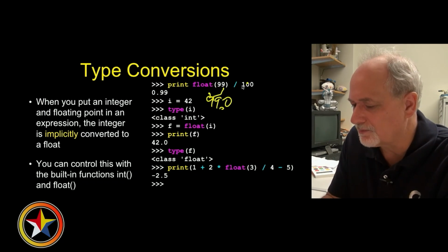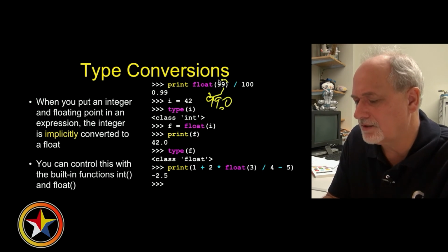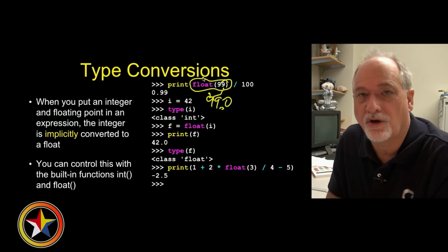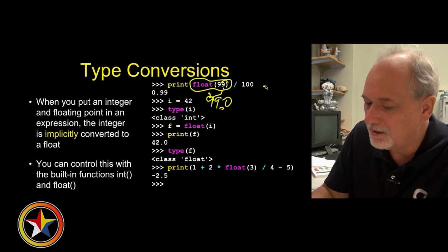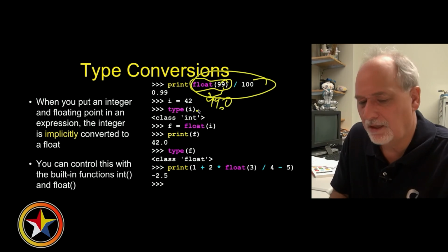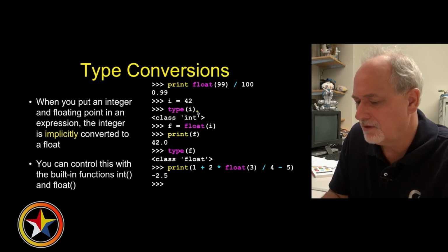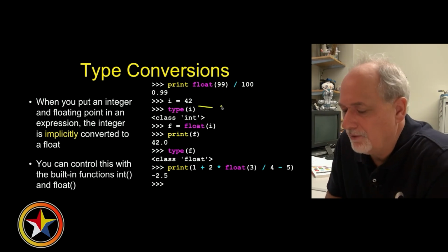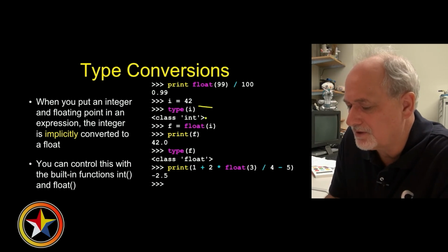Again, this is kind of like an expression. So it's like I want to divide this by 100, but before I do that, I've got to convert it to a float. So it has to do these function calls as it's evaluating the expression. Sometimes we just print out the return value. That's what this is. This is the return value.